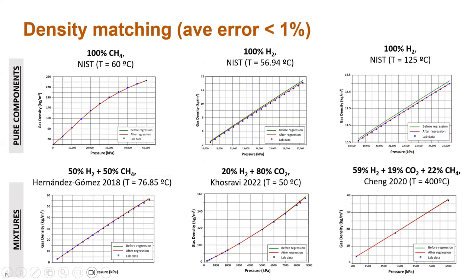With 20% of hydrogen, it's possible to predict. What happens if you add CO2 in the mixture? It's still possible to predict. Even a mixture with three components was still possible to predict.